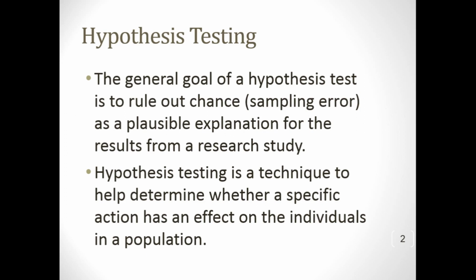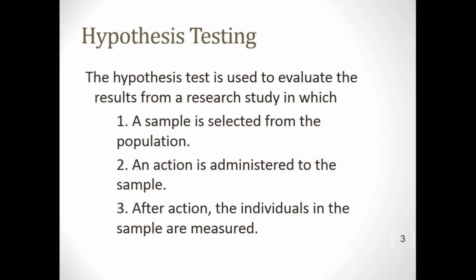A hypothesis test is a technique to help determine whether a specific action has an effect on the individuals in a population. So you take an action, and after the action is made in the population, you try to find out if the action has an effect or not through hypothesis testing.